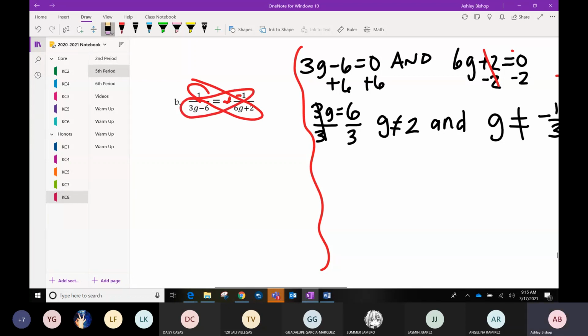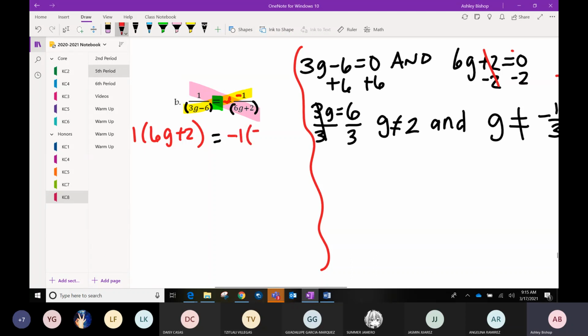Okay, and my cross multiplying is not that cute. Remember, when you have two things put together, make sure you put them in parentheses so that they stay together. Cross multiply: I'm going to multiply 1 times 6G plus 2. Keep that equal sign in the middle. Equals. Then I'm going to multiply 6G minus 6 times negative 1. So negative 1 times 6G minus 6.